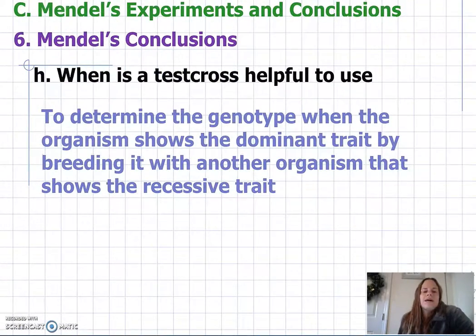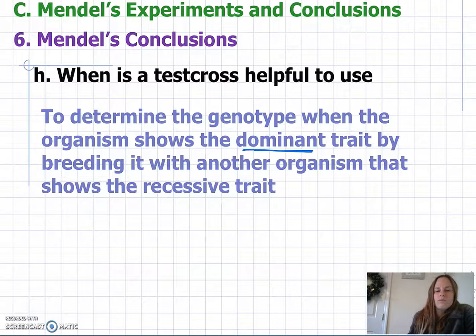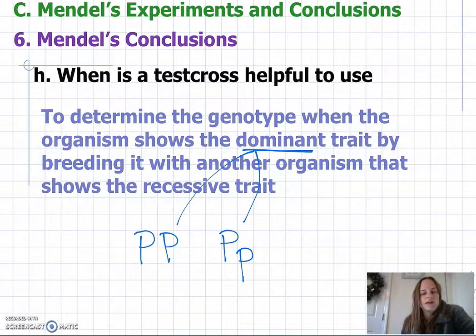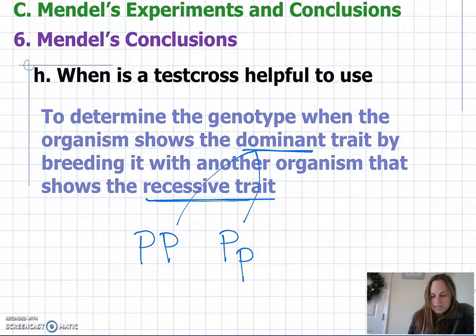Let's talk about a test cross. A test cross is helpful when an organism shows the dominant trait, but we don't know what genotype it has, because it could be a purebred dominant or it could be a heterozygous dominant. So what we do is cross it with an organism that shows the recessive trait.